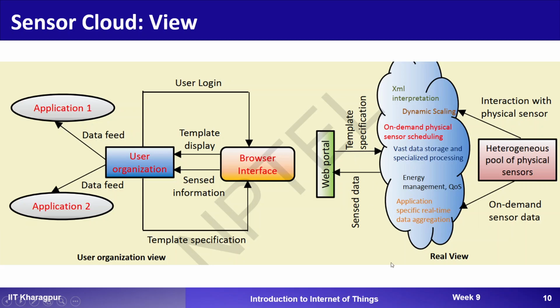So here you can see the real view, with the help of the web portal and template specification. First of all, user login is done. After that, template specification is done. Once template specification is done, various activities such as XML interpretation, dynamic scaling, on-demand physical sensor scheduling, vast data storage, specialized processing, energy management, and various other activities take place at the sensor cloud.